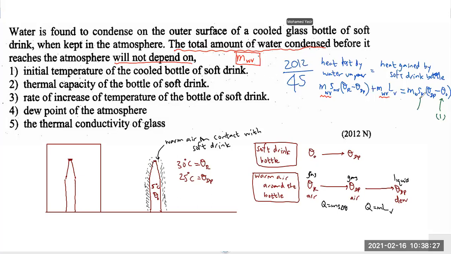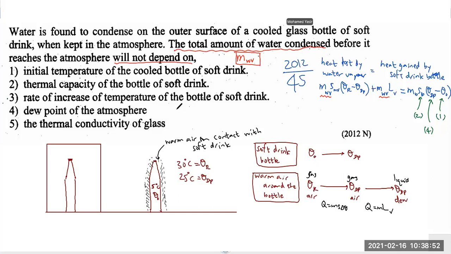Yes, this one. Specific heat capacity or thermal capacity, it doesn't matter; if I multiply these two, it will give us the thermal capacity. Rate of increase of temperature of the bottle of soft drink. Yeah, that will be by the dew point of the atmosphere. That's definitely correct here. Dew point is there. This is number 4. Number 5 is thermal conductivity of glass.